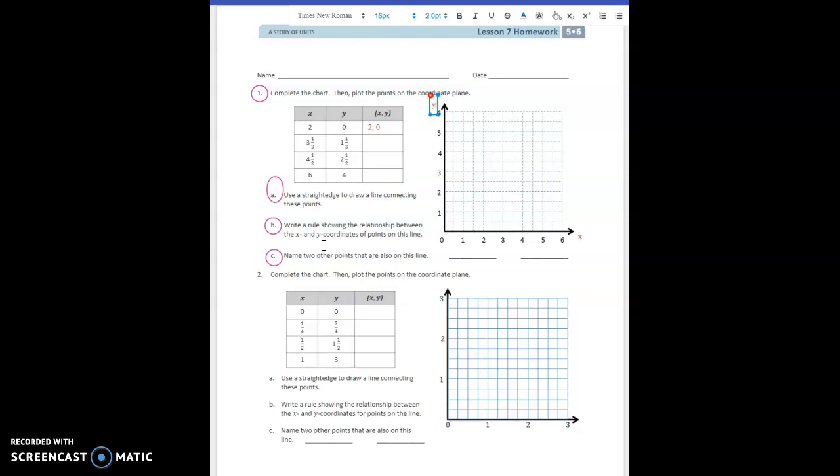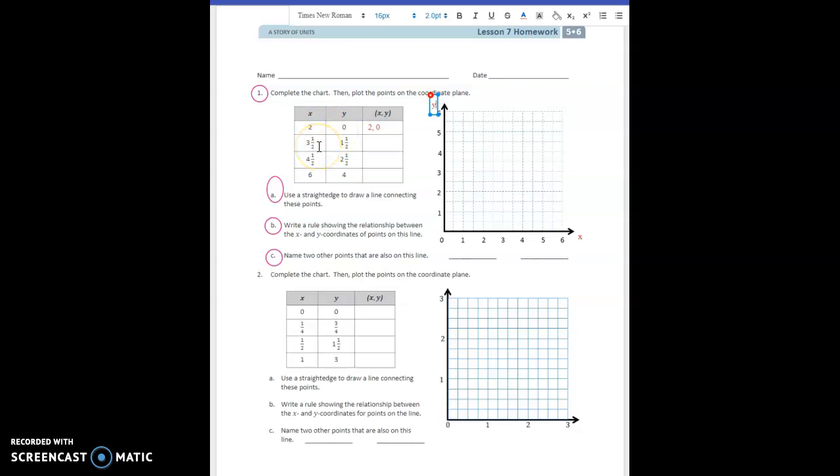So a rule means when you look at x and you look at y, what is the rule? When you see x, it's a 2. Do we add a certain amount onto y? Do we subtract? Do we divide? Well, I look at this and I see 2 and then 0. What's the difference here? 2, and then we take away 2 to get to 0.